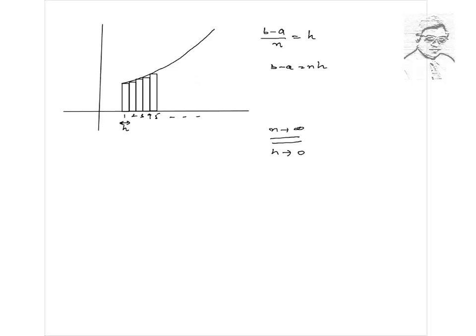Then what will happen? First rectangle will have how much area? f of a into h. Second rectangle, f of a plus h into h. f of a plus (n minus 1)h into h. That's the last fellow. This one.